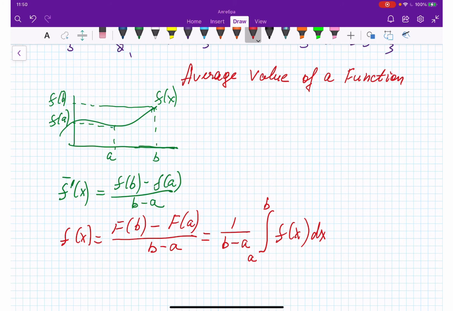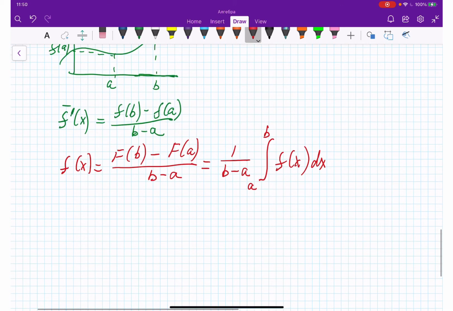So let's take an example. How we are going to work out. Let's say we have y is equal sine x. And I need to find the average value of the sine x on interval between 0 and pi.